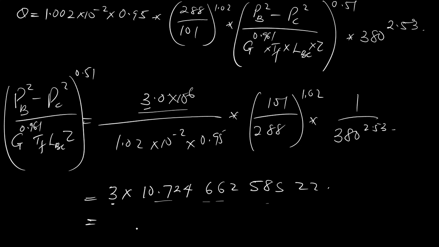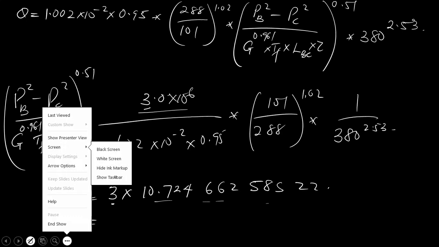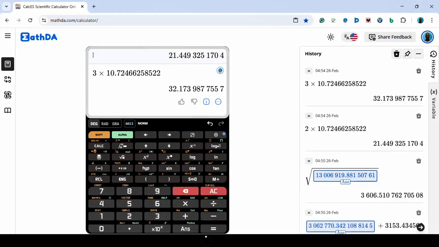So now let's do that. What will we get? Let's write it down because I've calculated it before. We have 32.17. Let me write it down. We have 32.1739877557.